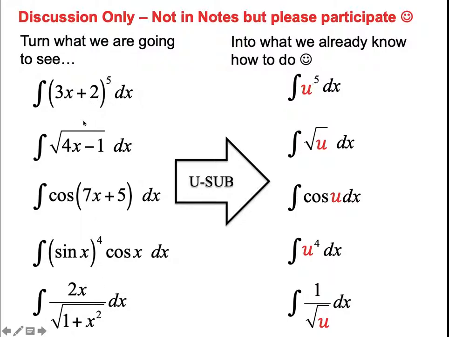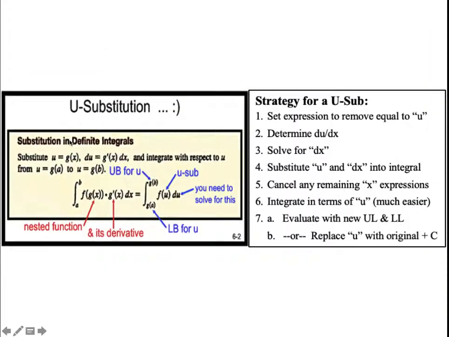These things will explain a little bit too. We don't have a derivative here, but we still have an easy ability to substitute out what is inside the brackets or what is inside the radical. So this, like I said, is quite literally the reversal of the chain rule. We've got these steps here, and these steps are really kind of ironclad. If you follow them, you'll be able to do substitution on just about any integral. So let's look at these. We've got 7 steps here.